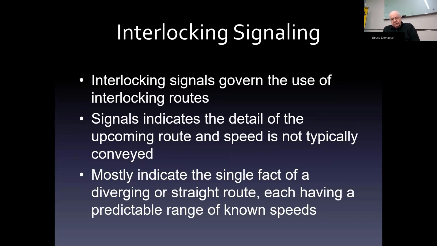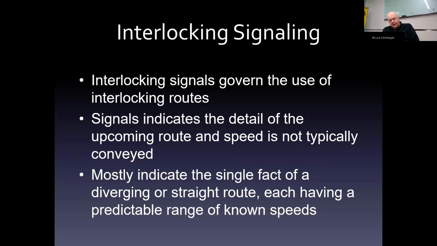Interlocking signals basically govern the use of interlocking routes in a more complex area of the layout, which is typically an area where there's going to be a lot of switching and or yard interaction, possibly a crossing route. Some of those are all done by using interlocking signals.